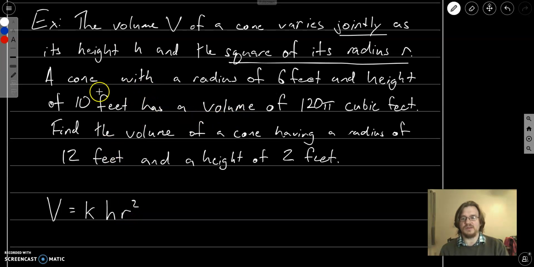So we know that a cone with a radius of 6 feet and a height of 10 feet has this volume. So let's figure out what our constant is. So the volume is going to be 120 times pi. K we don't know yet. The height we said was 10 feet, and the radius is 6 feet.